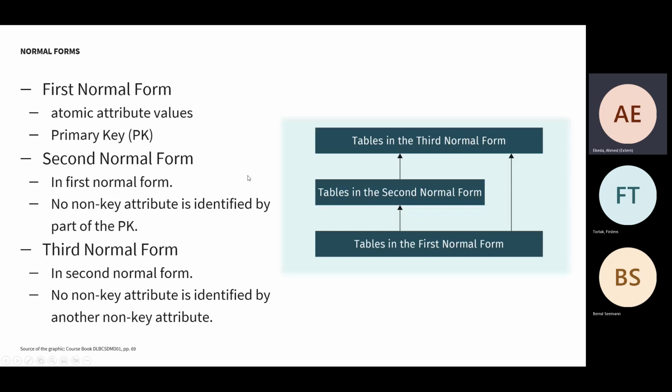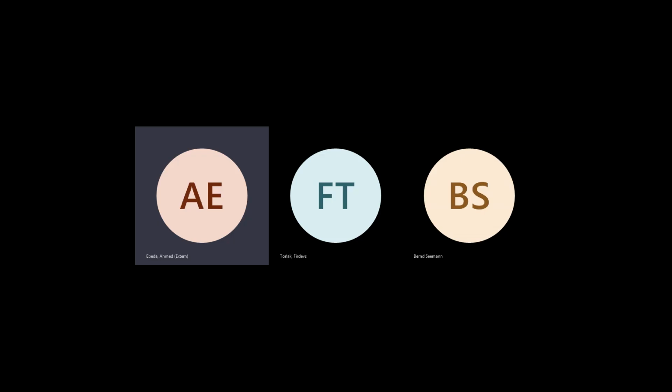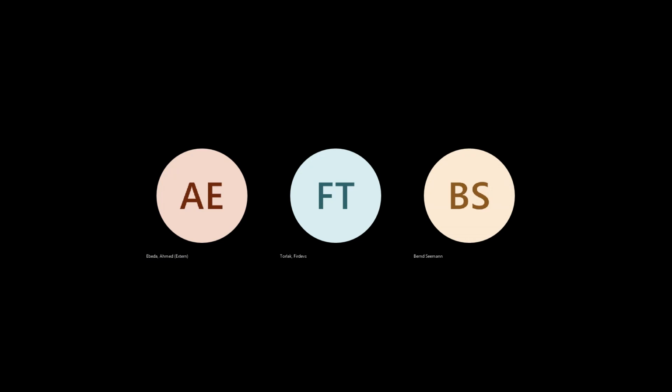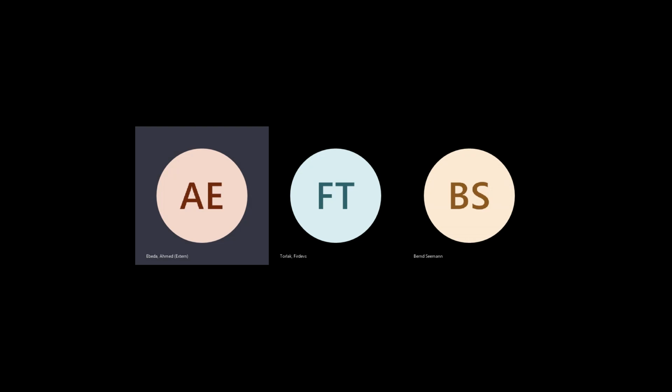So for first normal form, our target is to have atomic attribute values, and a primary key. I just also wanted to say what it means, atomic or single value.